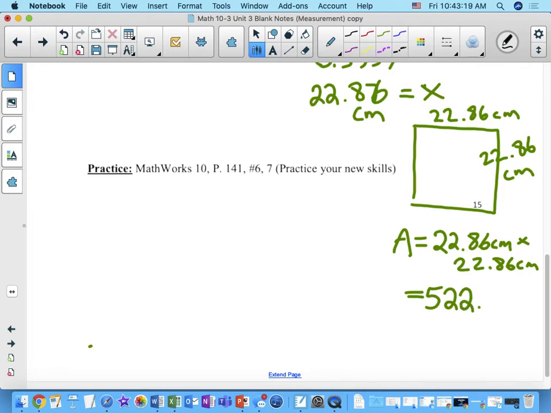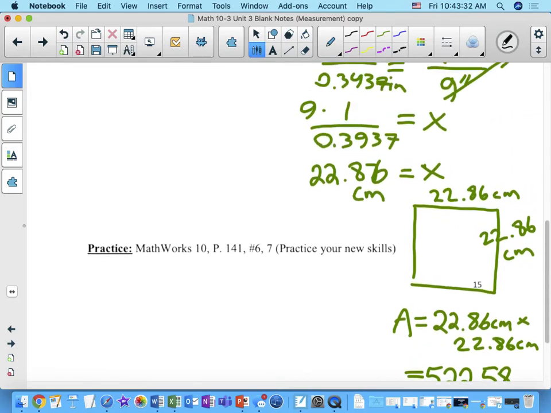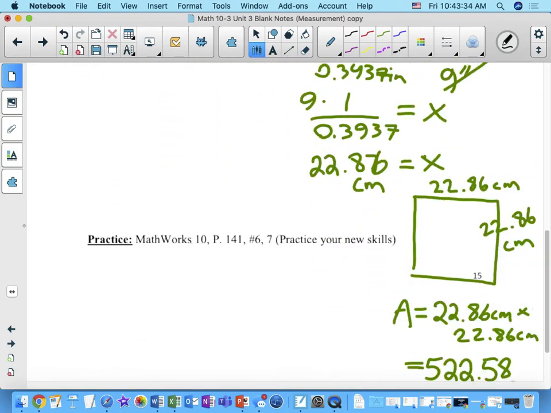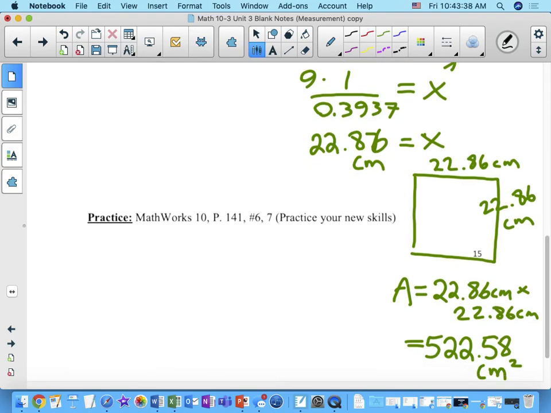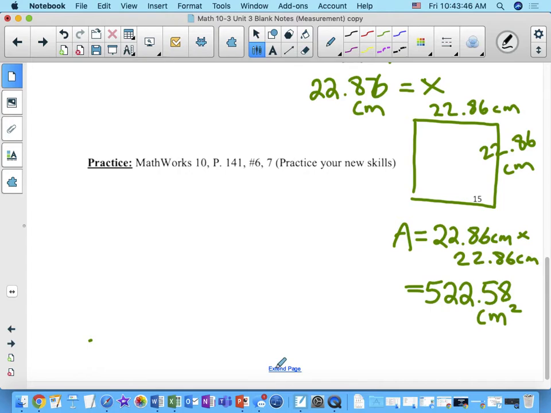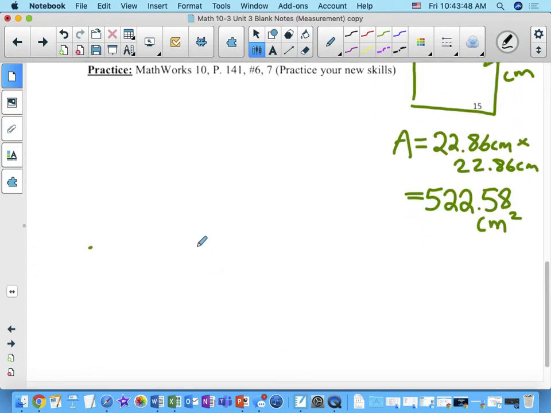So 5, 8, let's say, centimeters squared. Okay, so we know the area of one tile, and we know the area of the whole thing. So the area of one tile is 522.58.